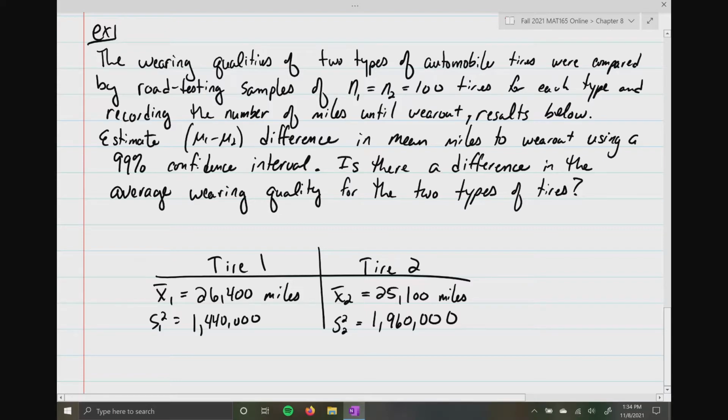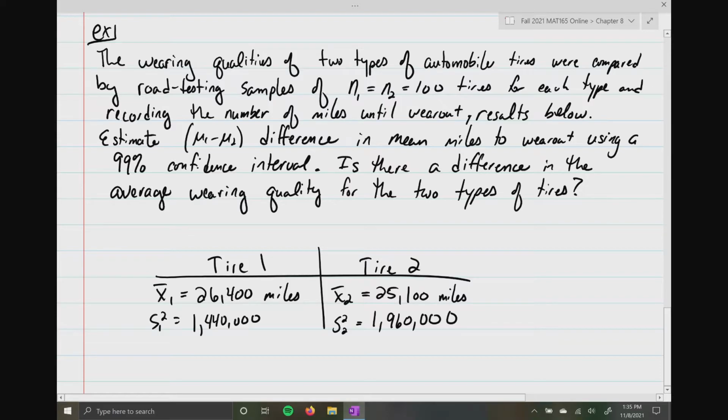So tire 1 had an average wear out of 26,400 miles with a variance of 1,440,000 miles. Tire 2 had an average wear out of 25,100 miles with a variance of 1,960,000. Okay? So our goal first is to create the confidence interval, and then 2, we're going to try to determine if there's an average wearing quality for the two types of tires.